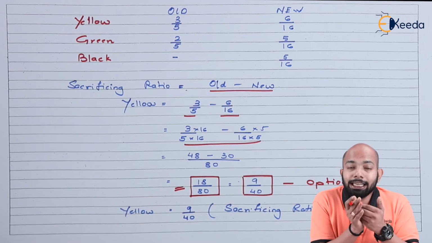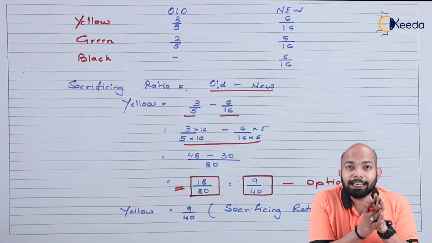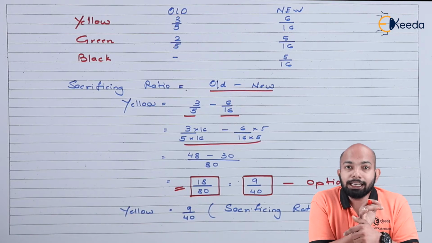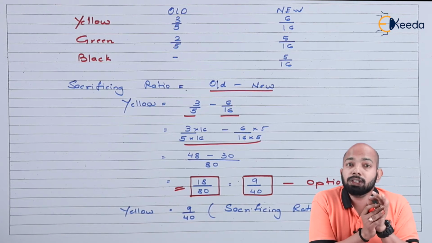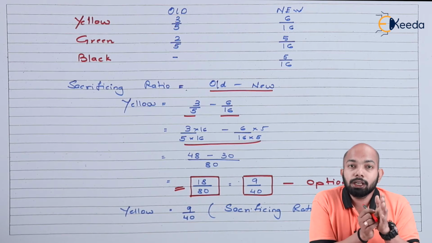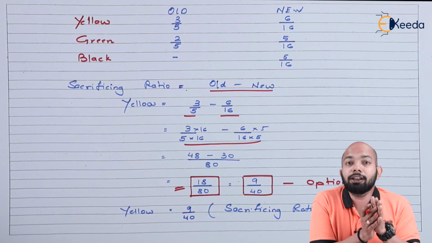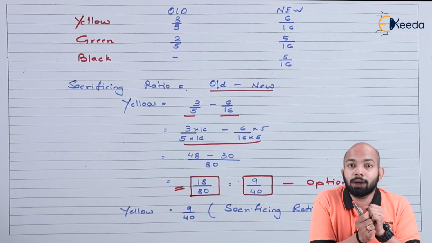Now with this, we give you another concept for your reference. If this 18 upon 80 was negative, that means a negative sign was available here, then in certain scenarios you need to mention that as gain ratio and not as sacrificing ratio. That is the gain ratio that you need to understand.